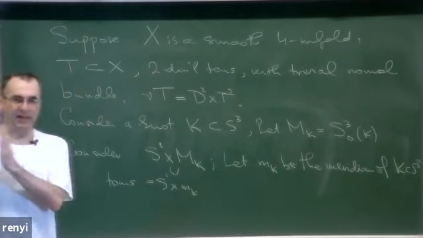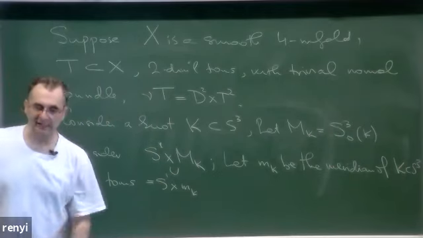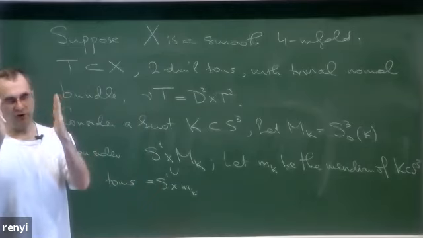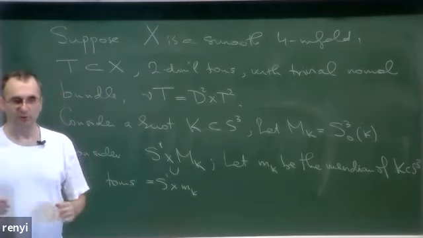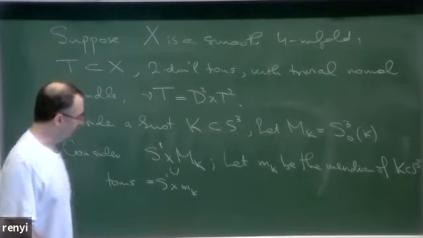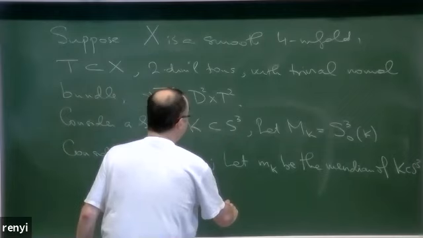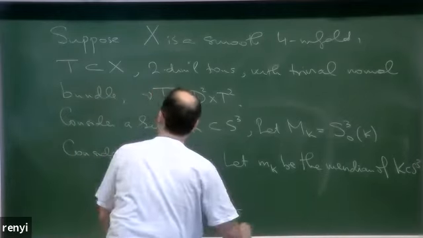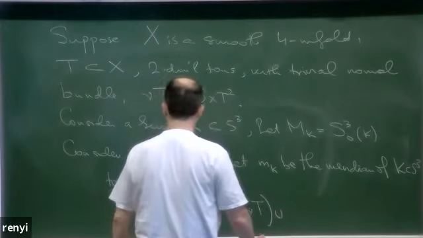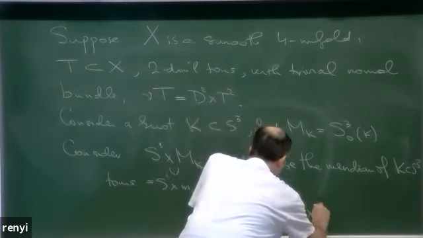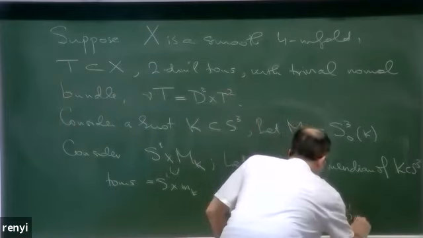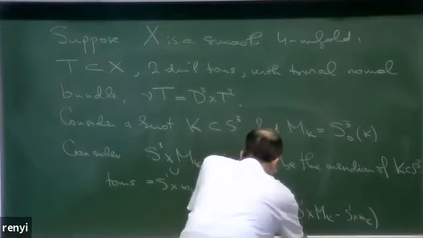So we can apply our previous trick, what I explained for the fiber sum. You have 2 manifolds, you have 1 torus in each, which has trivial normal bundle. We take out the neighborhoods and we glue together the complements. So we just take X minus the neighborhood of T union S1 cross MK minus the neighborhood of S1 cross m, along this T3.